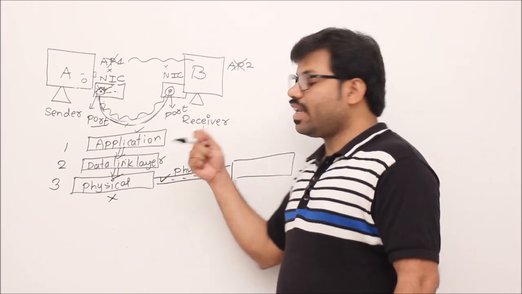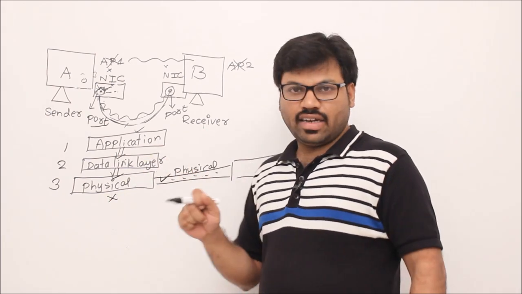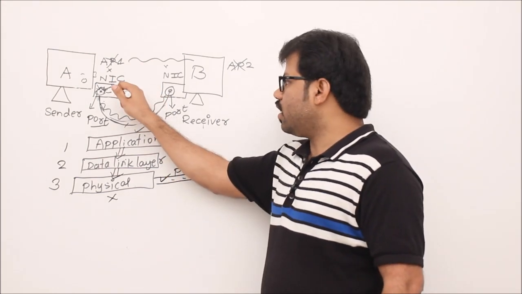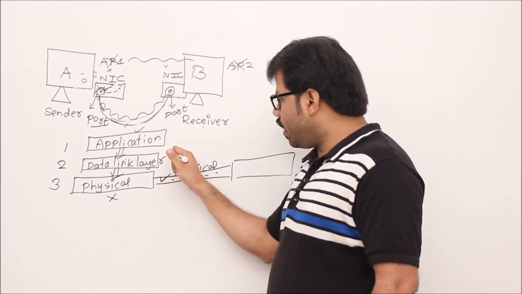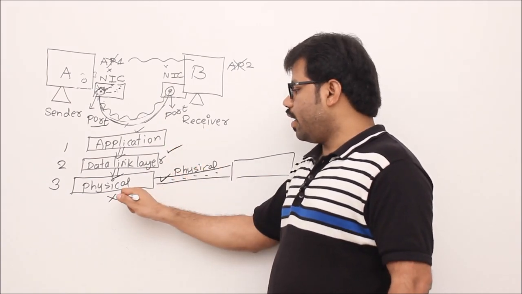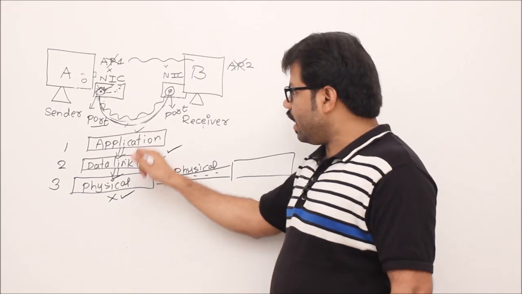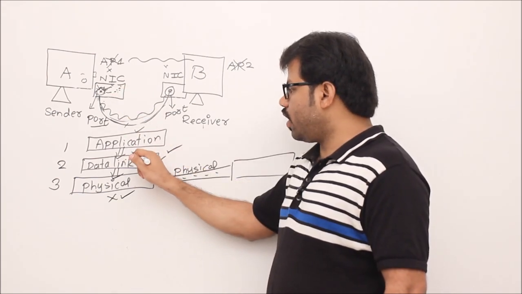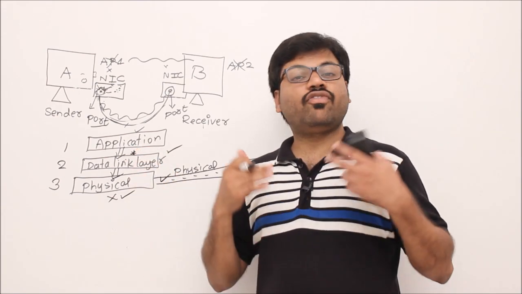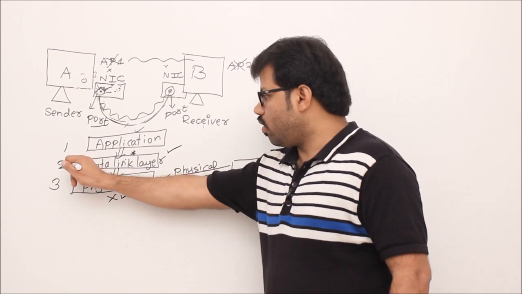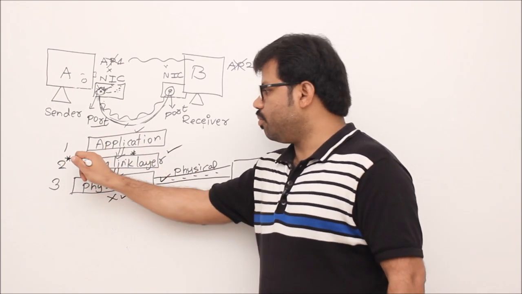Now we'll see data link layer. So what is data link layer? Of course, sir, what is NIC card? It's a device. So this NIC card is going to have software related to data link layer and software related to physical layer. Okay, don't worry. Now in that NIC card you will have software related to data link layer. What is the functionality of data link layer we are studying? This is very important for us.